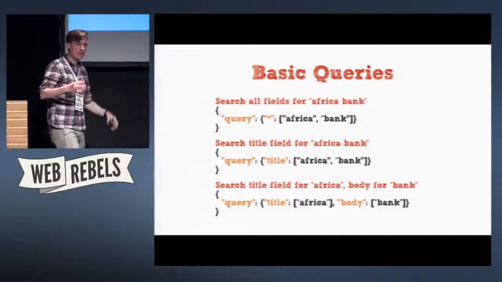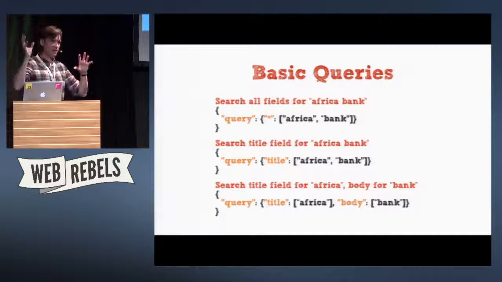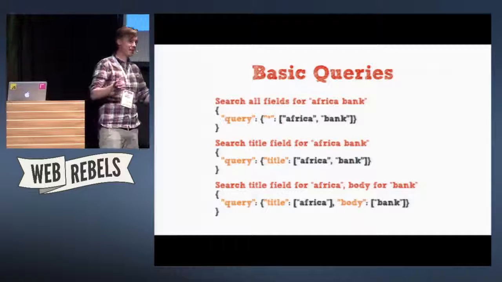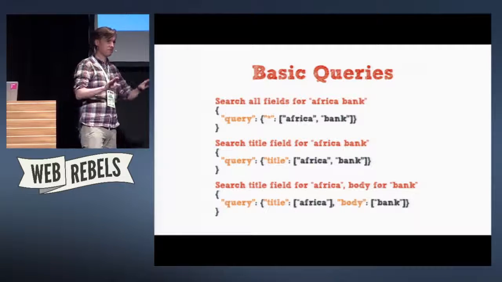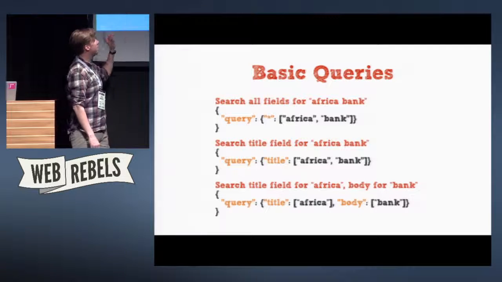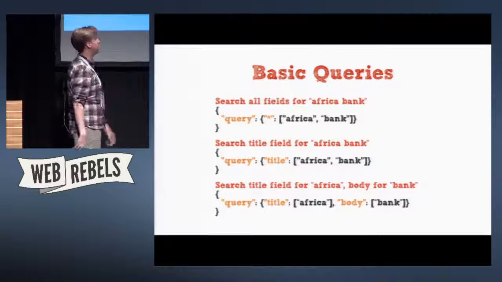So there's none of this messing around with or queries or weird logic that most of your users probably don't understand anyway, although sometimes you might have a need for that, in which case use something else. But here everything's and. So if I'm searching for Africa Bank, give me all the documents that contain Africa and bank.